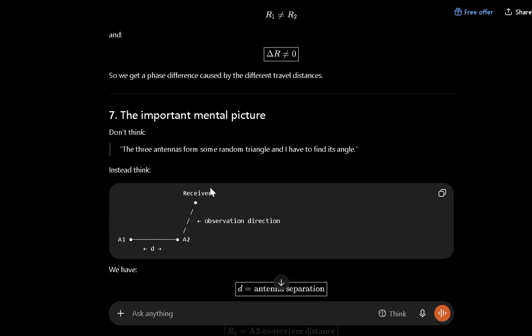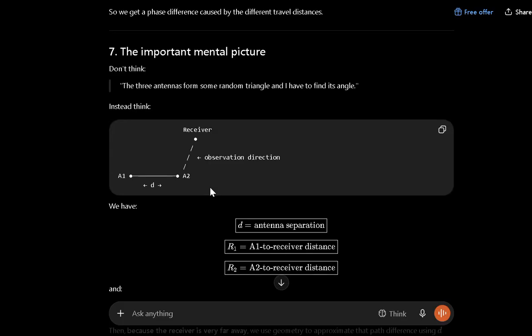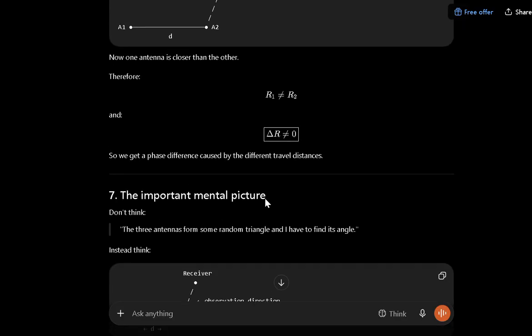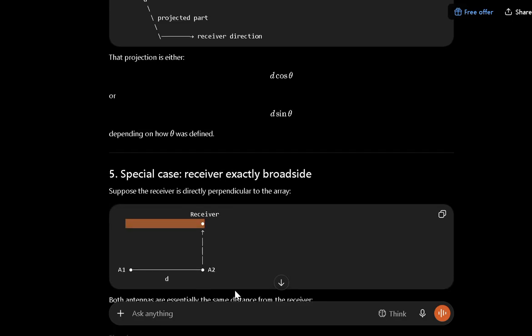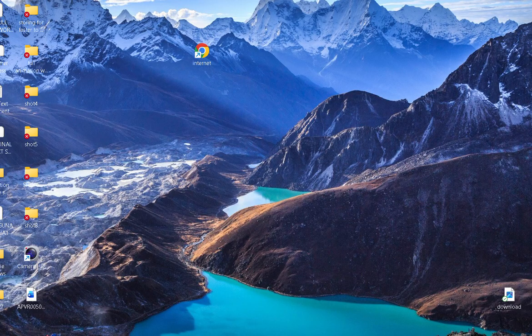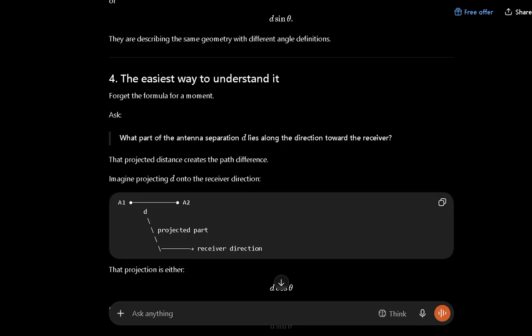The important picture is not that the three antennas form some random triangle and you have to find its angle. We define the observation direction. So if we project this here, it forms 90 degrees, here or here.